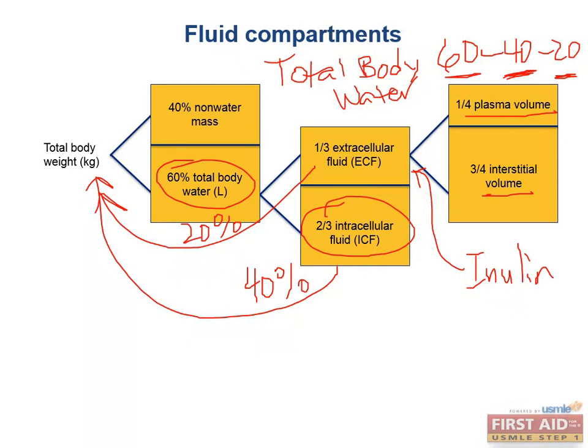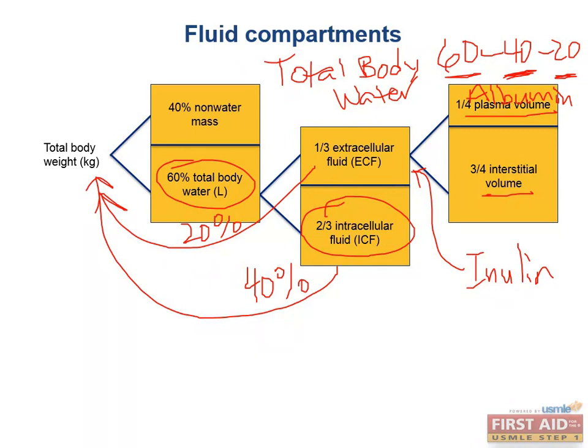Now it's intuitive that interstitial volume is going to be bigger because that's the volume around all of our cells, whereas plasma volume is only the volume of fluid inside the vascular system. So plasma volume is measured by radiolabeled albumin because the albumin protein is too large to pass through the fenestrations of the capillaries. Now, before we get into the differences between these compartments, let's walk through a sample problem.